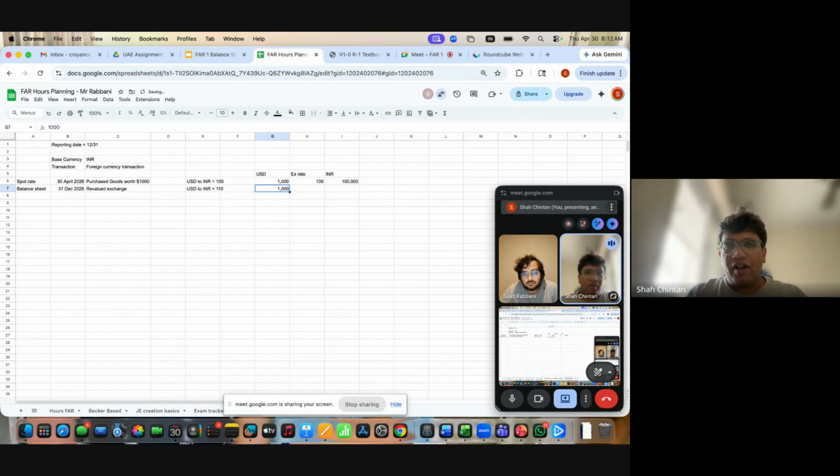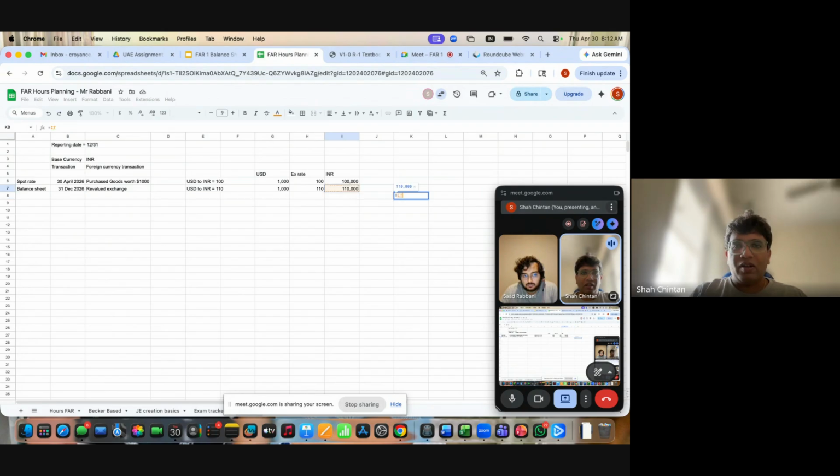So the dollar value was 1,000, but the rupee value has increased as a revaluation because of currency fluctuation. Now, I can say on 30th April I had a payable of 1 lakh Indian rupees, which has increased to 1 lakh 10,000 Indian rupees on 31st of December.